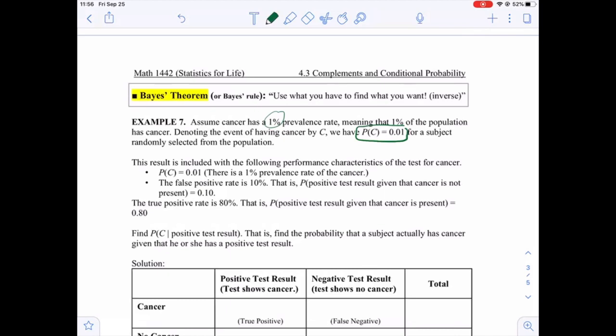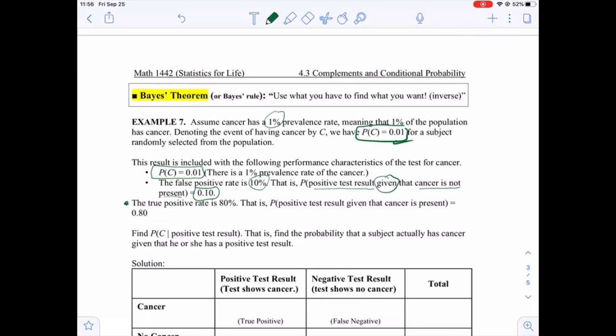Okay, now we have some results. The false positive rate is 10%. What does that mean? That means the probability of getting a positive result given that the cancer is not present is 0.10.